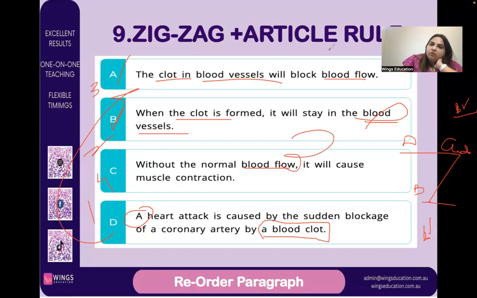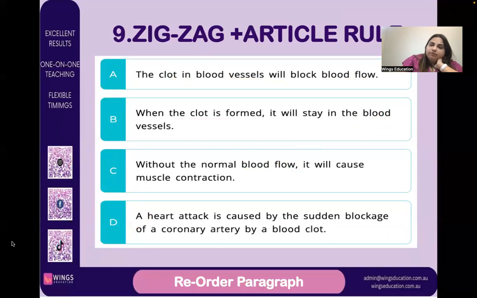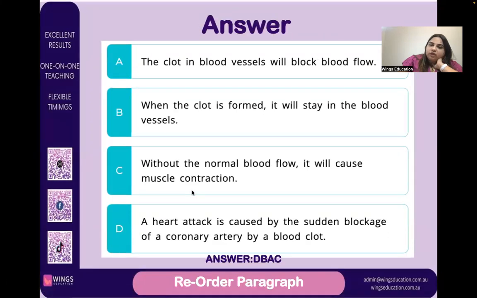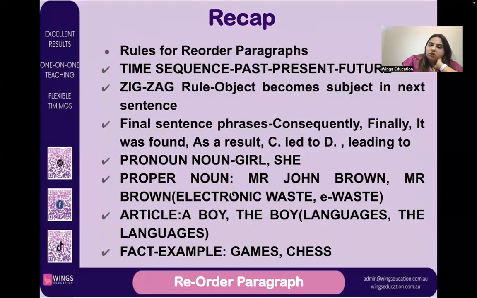See the word blood flow. So you'll practice, you'll solve it, you'll understand what I have just said. So zigzag is the most convenient way of solving these questions. Very useful. Keep trying to solve these questions.